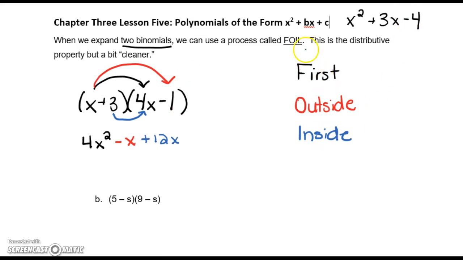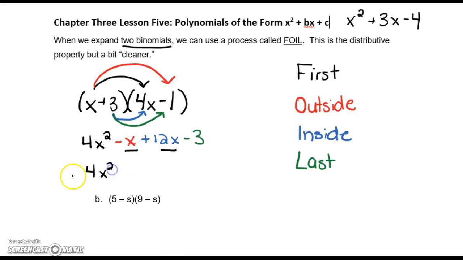Then our last one, letter L, if you couldn't guess, stands for last. That means we multiply the last terms in the brackets. So we go 3 times negative 1, which gives us negative 3. From that point on, we just combine our like terms, which are usually just our middle two terms.